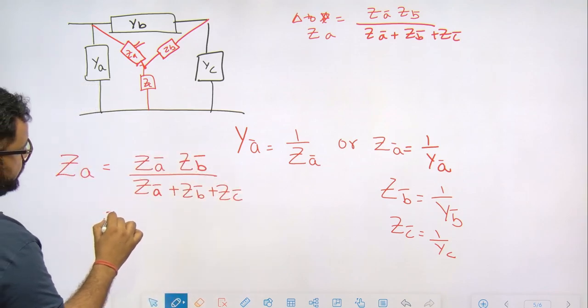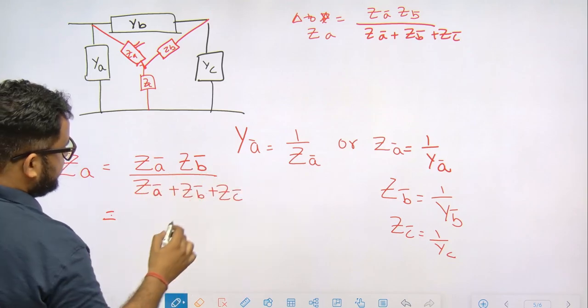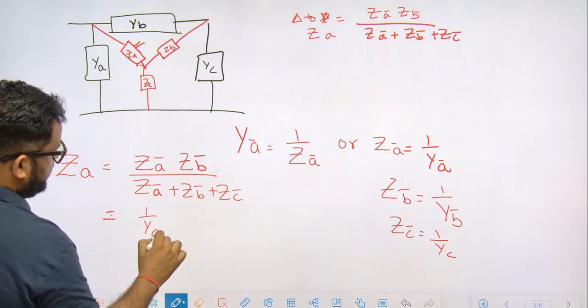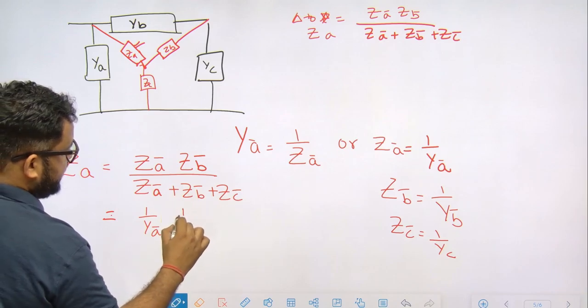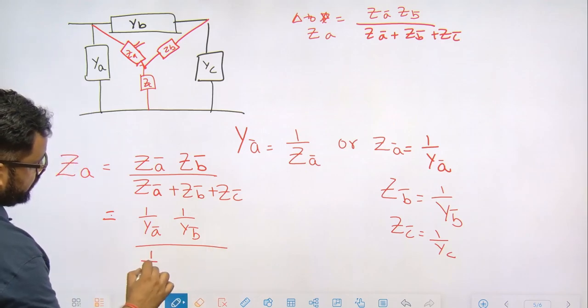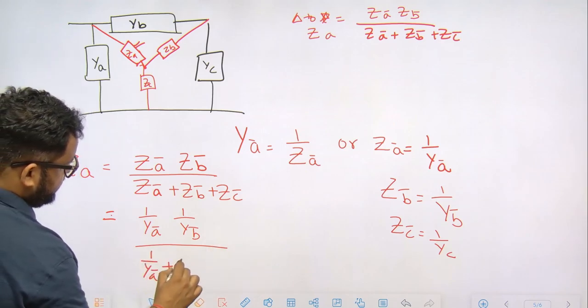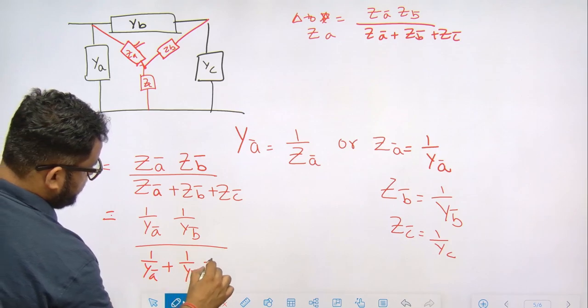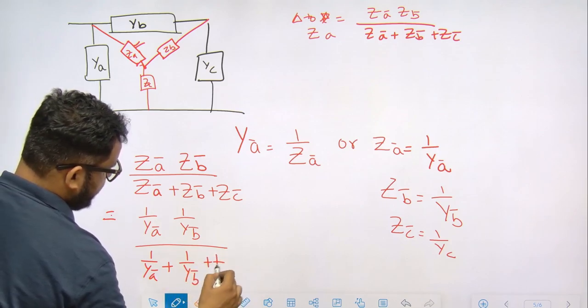Now replacing the value, ZA dash is nothing but 1 by YA dash, ZB dash is nothing but 1 by YB dash, over 1 by YA dash plus 1 by YB dash plus 1 by YC dash.